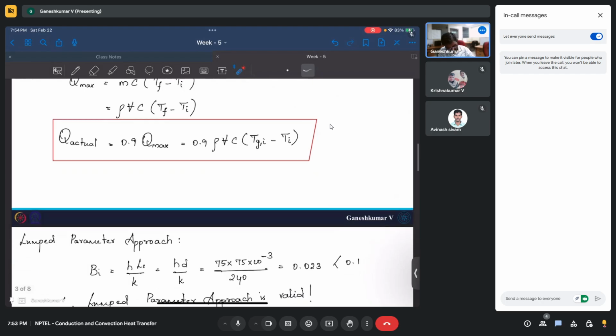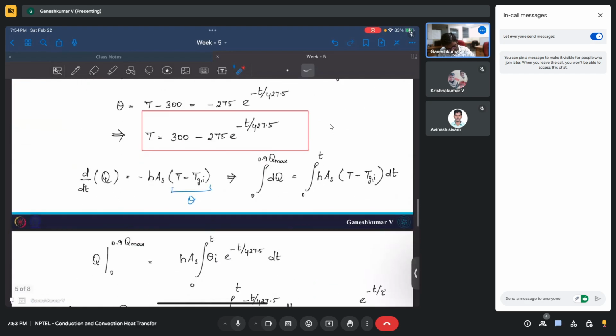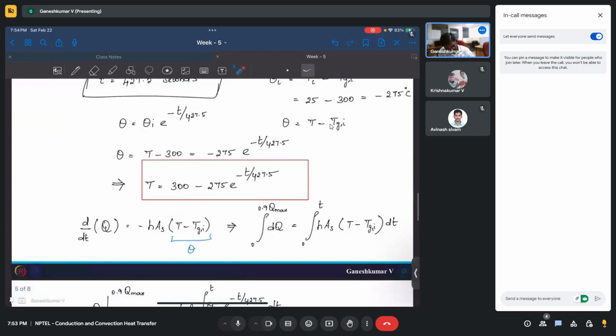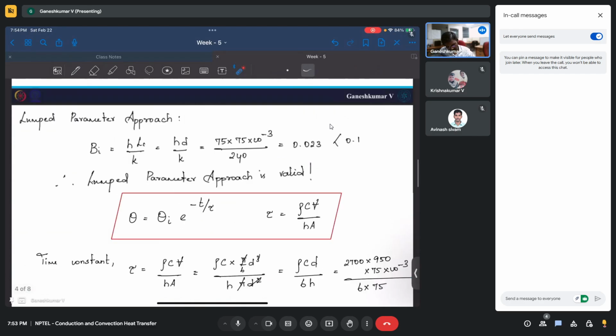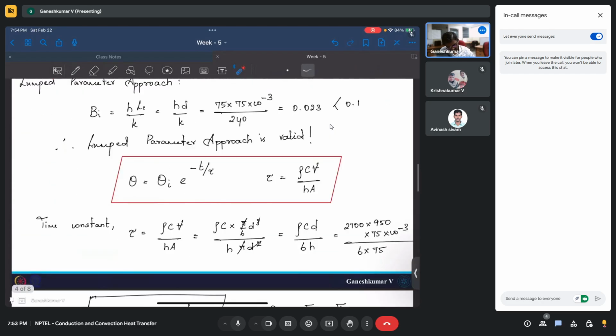Basically you can go to this place and find this temperature from 90% of the total temperature difference, which is 275 times 0.9, which is 247.5, plus initial temperature was 25, right?